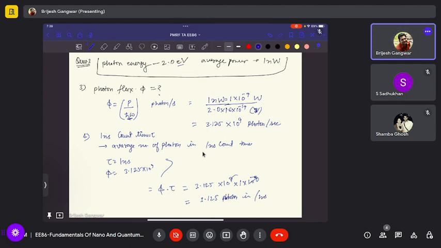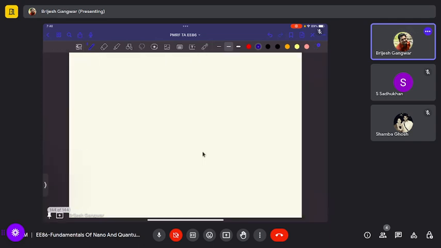But the number of photons should be an integer, so the answer should be only 3. Whatever is in the options straightforwardly, you can choose that one.